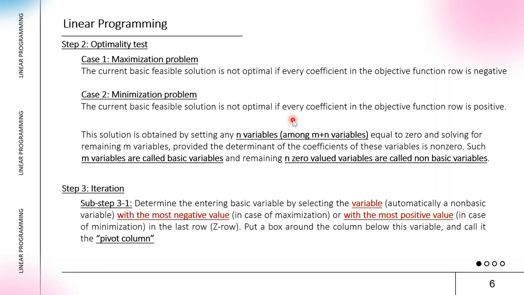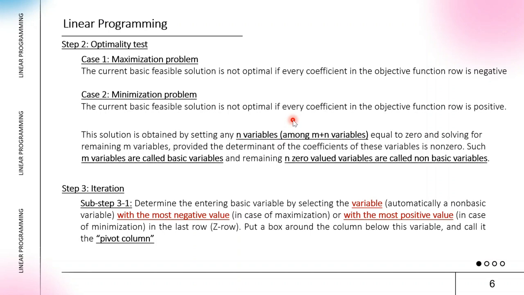Step 3. Iteration. Step 3 consists of 3 different substeps. In the first substep of step 3, we select the non-basic variable. We select the non-basic variable with the most negative coefficient in the objective row for the maximization form of the optimization problem, or the most positive coefficient for the minimization form of the optimization problem.